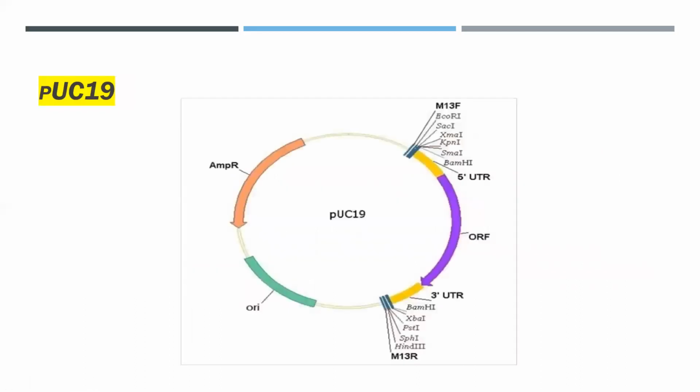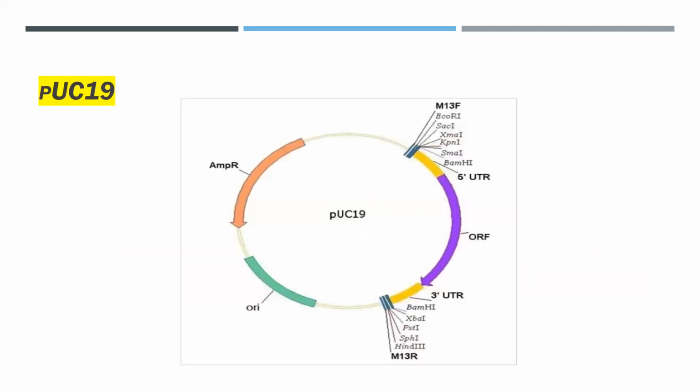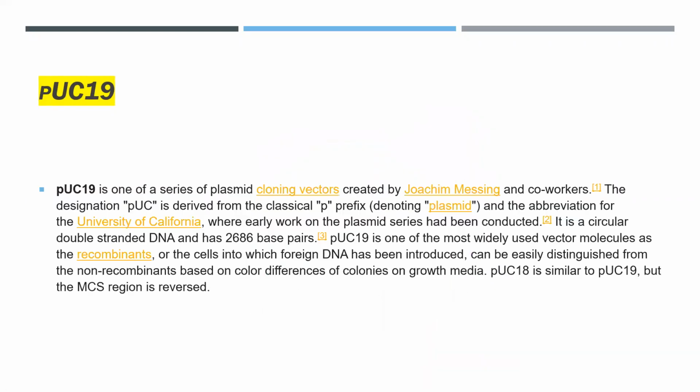Next, this is the pUC19 vector. Look here. This is also a double-stranded extrachromosomal circular plasmid. P means plasmid, U means University of California.